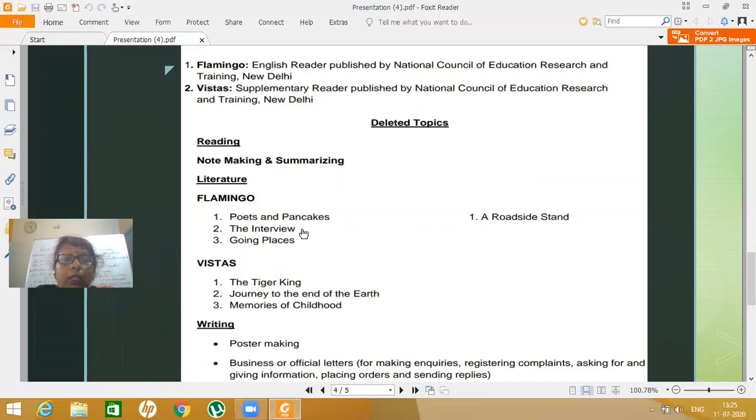In literature, the chapters which have been deleted are Poets and Pancakes, The Interview, and Going Places. These are the last 3 chapters of the prose section. And then a poem has also been deleted, that is A Roadside Stand. Now in Vistas, you have The Tiger King, Journey to the End of the Earth, and Memories of Childhood.